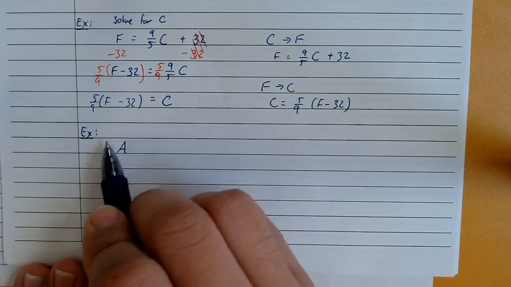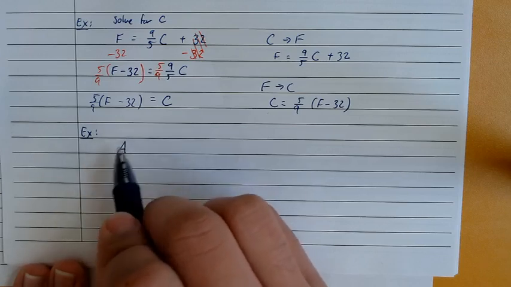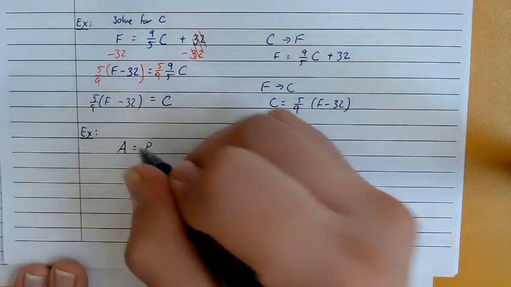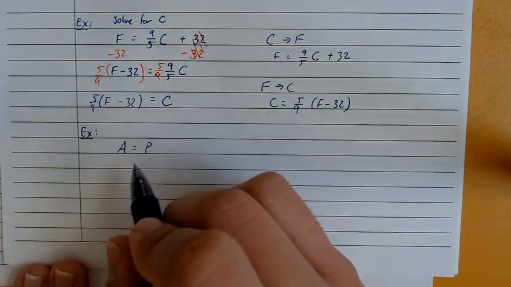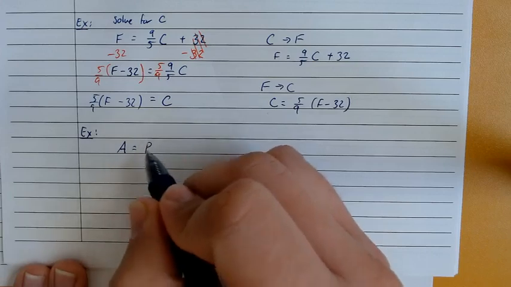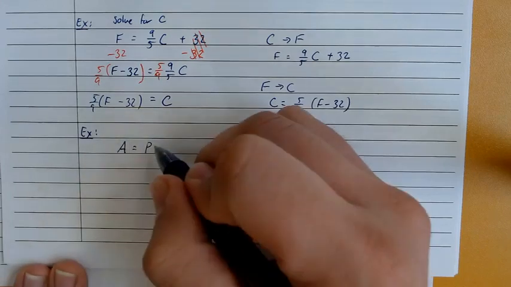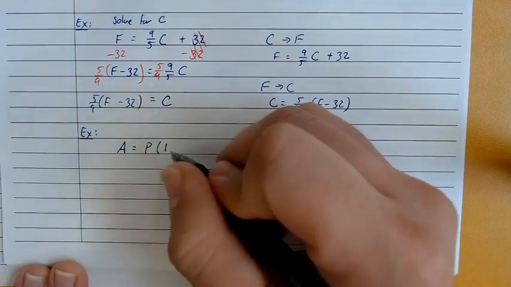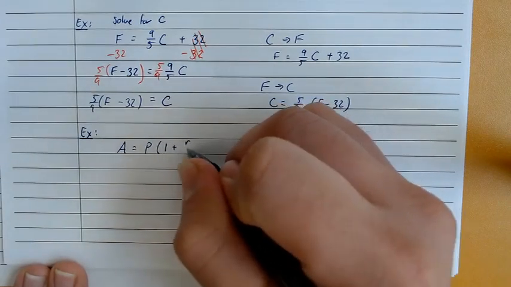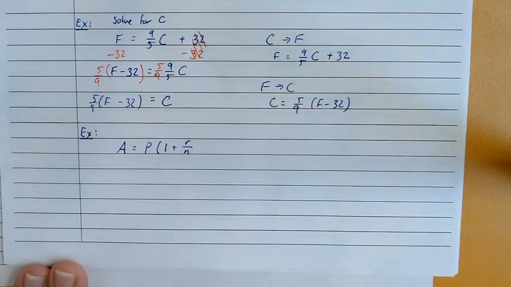The amount of money that you have is equal to your principal, the amount of money that you borrowed, or that you loaned, depending on your point of view, times the number 1, and that's not a variable, that's just the number 1, plus the interest rate divided by the number of compounding periods.